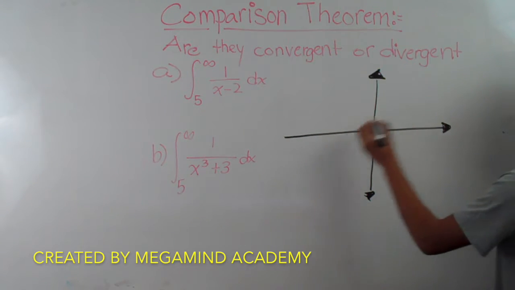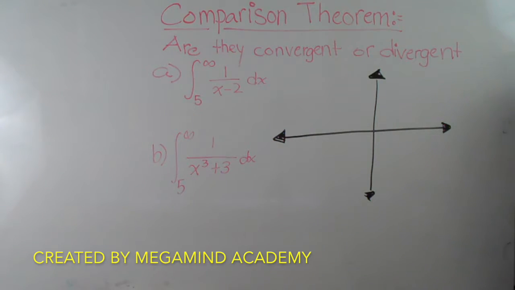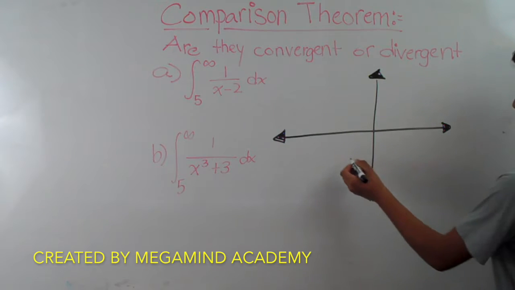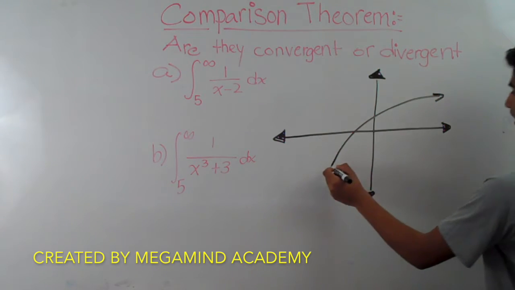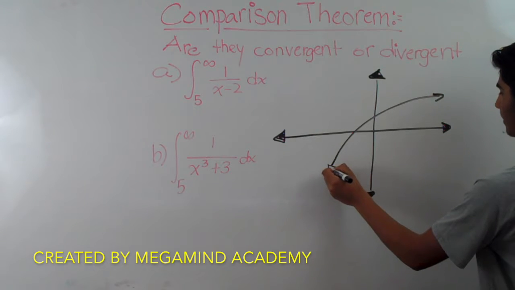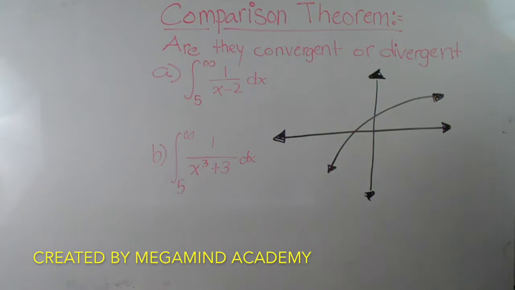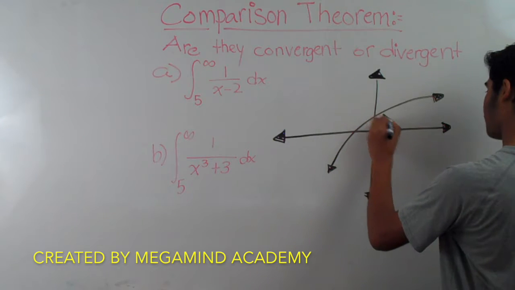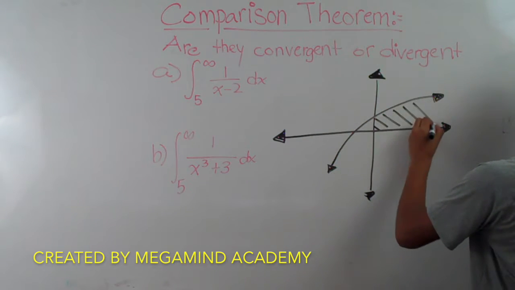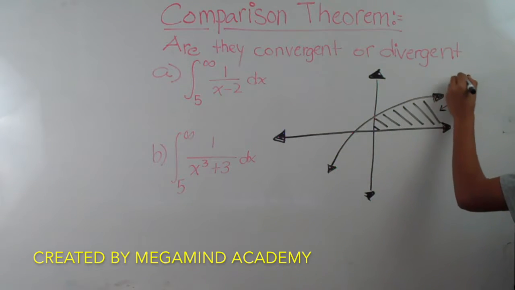This is the Cartesian plane, and let's say we had some function like this, and it kept going this way and kept going in this pattern. So we know that as this function approached infinity, the area under its curve would also be infinity, or divergent. So this area would be infinity, or divergent.